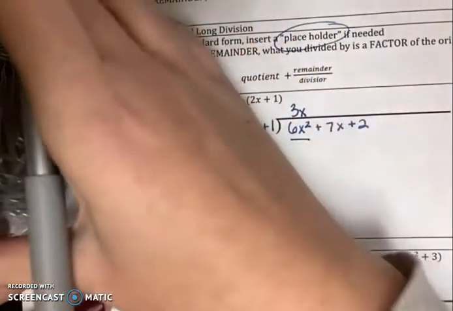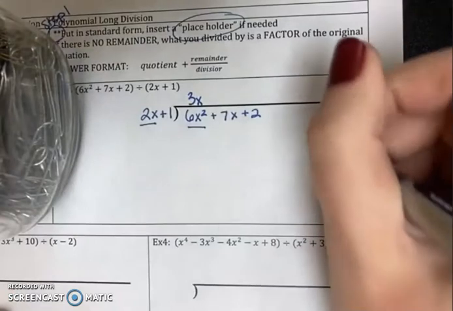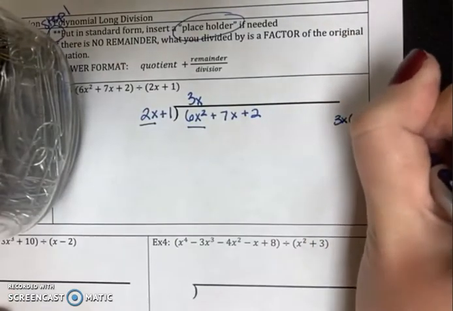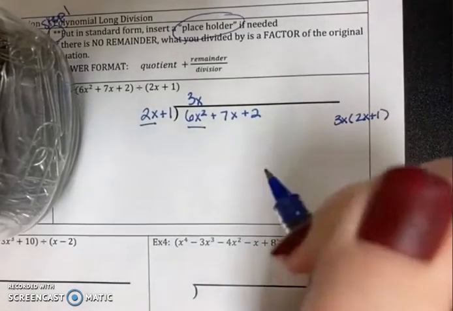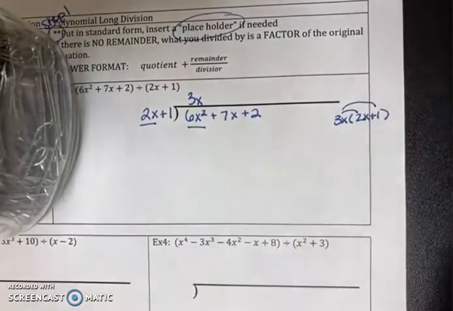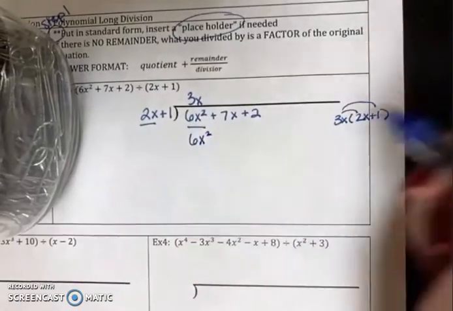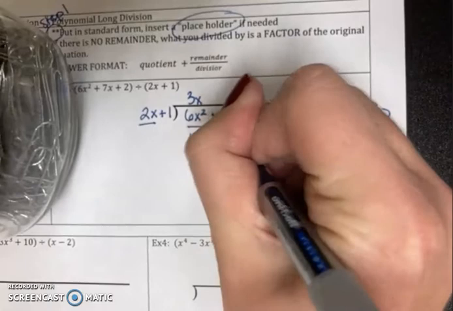I'm not just multiplying the 2x plus 1. I would have to do 3x times 2x plus 1. So when I multiply this out, we go ahead and distribute it, that would give me 6x squared, which is what I wanted, and then 3x times 1, which is 3x.